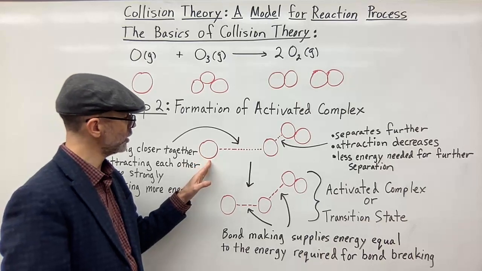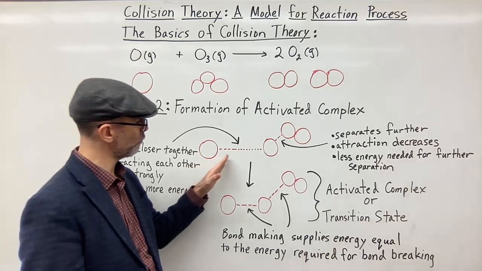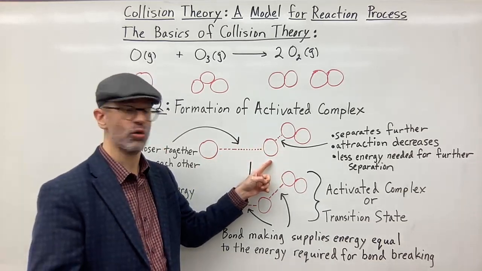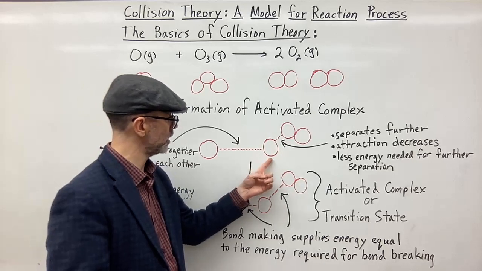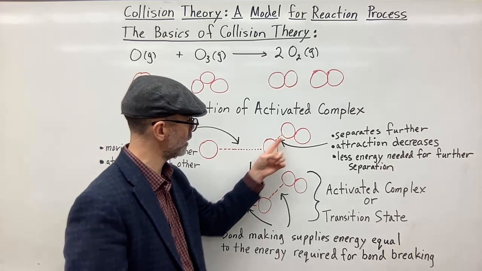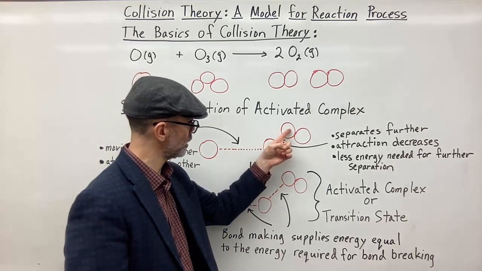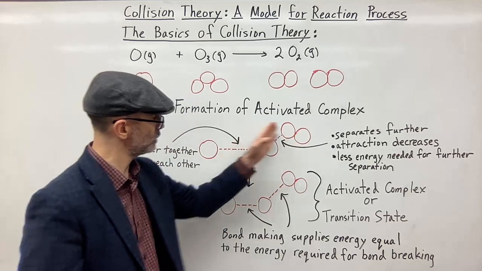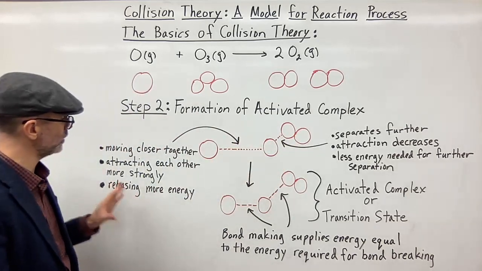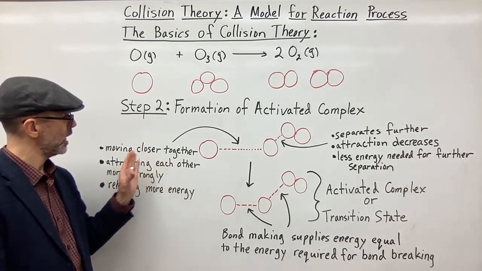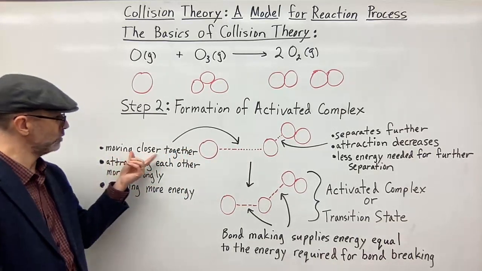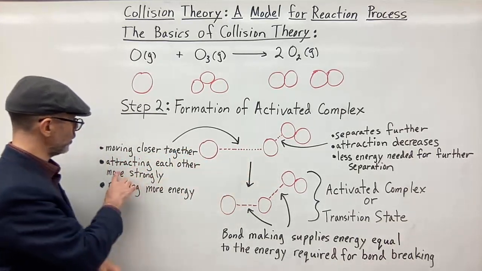The single oxygen atom is going to start to form a bond with the oxygen atom in the ozone molecule. At the same time, it's going to start to break the bond between the oxygens in the molecule itself. So this bond is starting to break, and this bond is starting to form. During this process, as this oxygen is moving closer, these two are moving closer together.